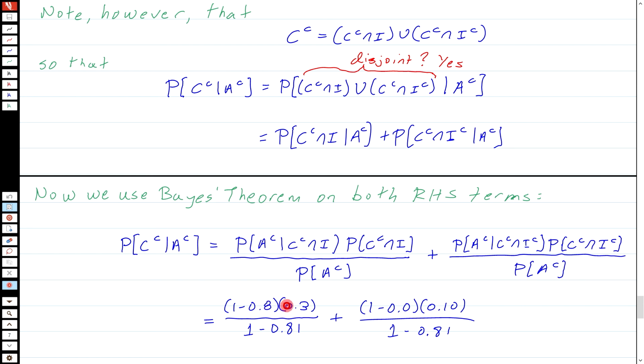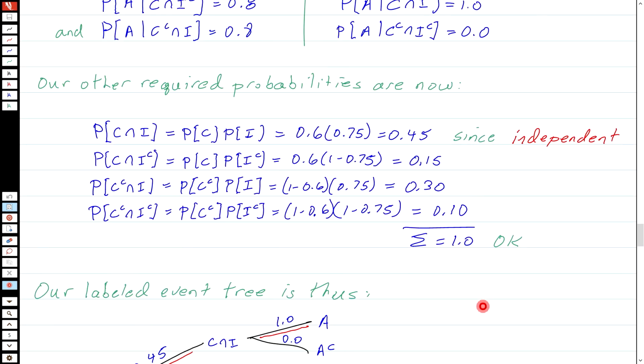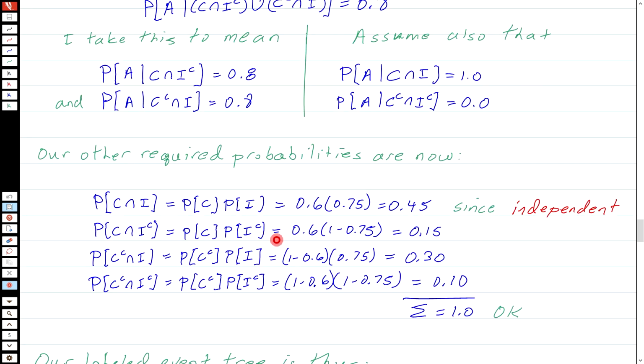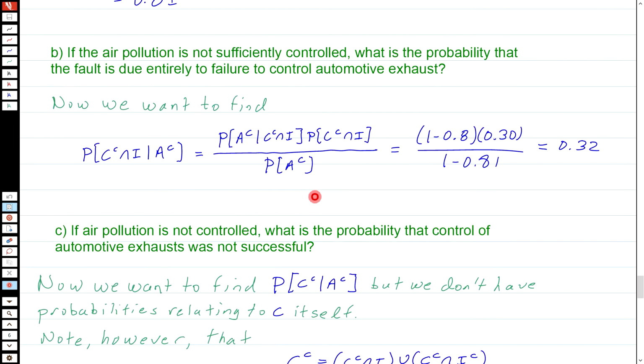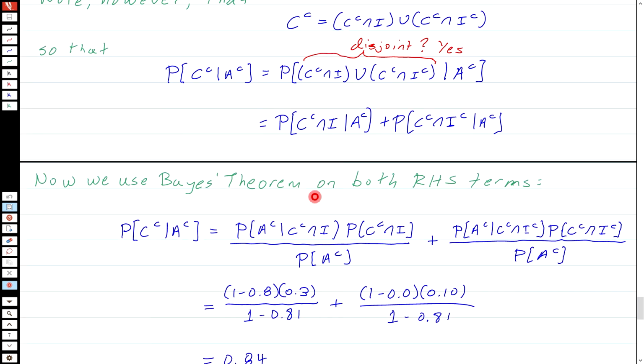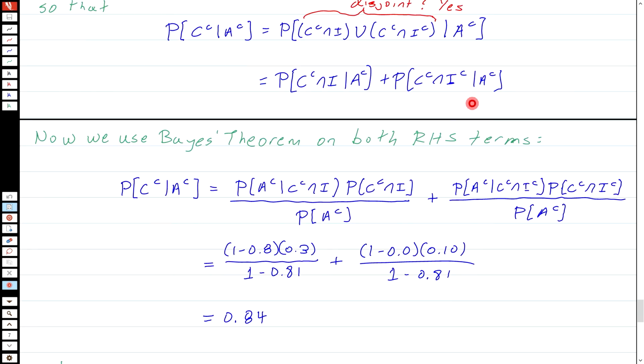These numbers are all just coming from given information, either from the event tree or from given information up here. These values plus these values. Okay, so the main trick at this part is to recognize that C complement has to be made up of two areas coming from our original Venn diagram, which is composed of a bunch of disjoint areas.